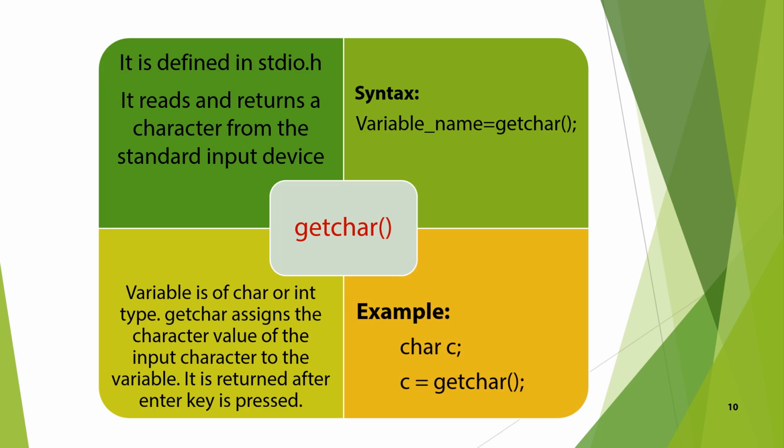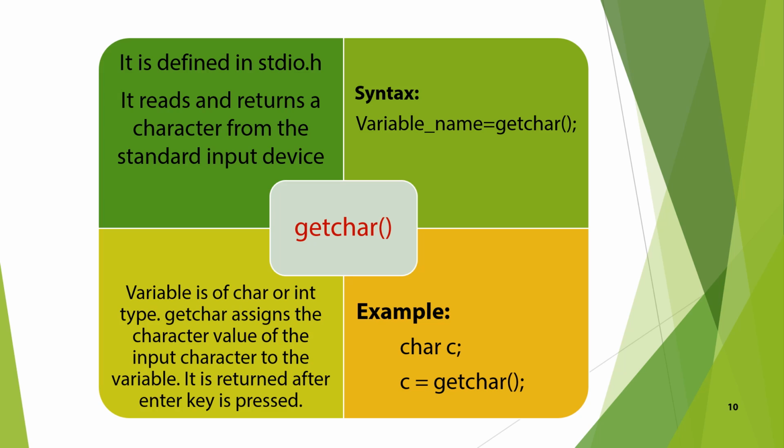For example, we declare a variable c of type char, that is char c; on the next line we write c = getchar().